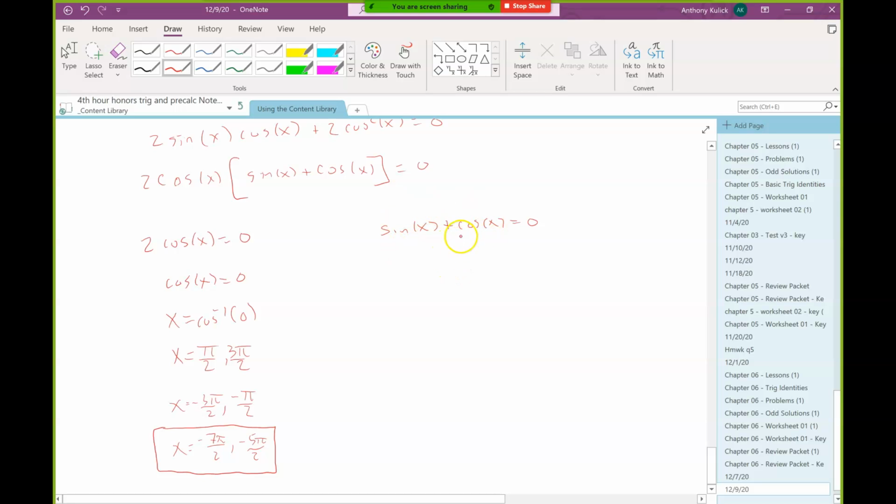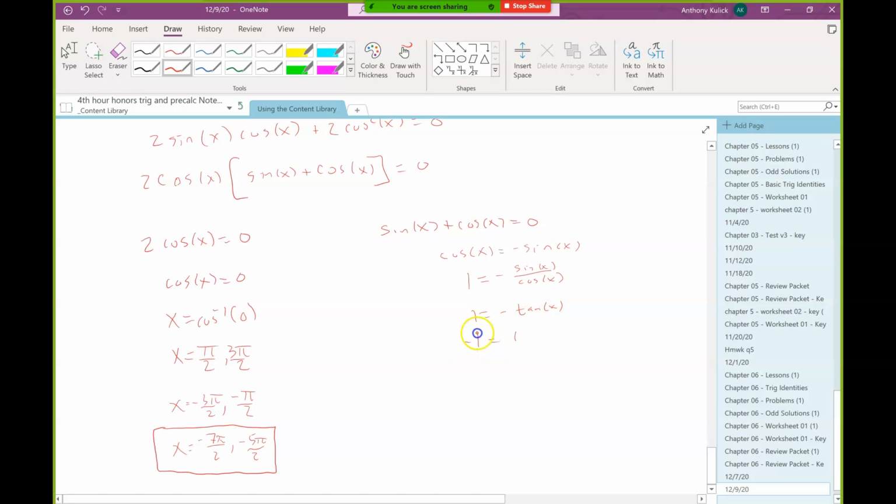Now for this one, I'm going to rewrite this as a tangent. So I'm going to subtract sine from both sides, and then divide both sides by cosine, because sine over cosine is tangent.